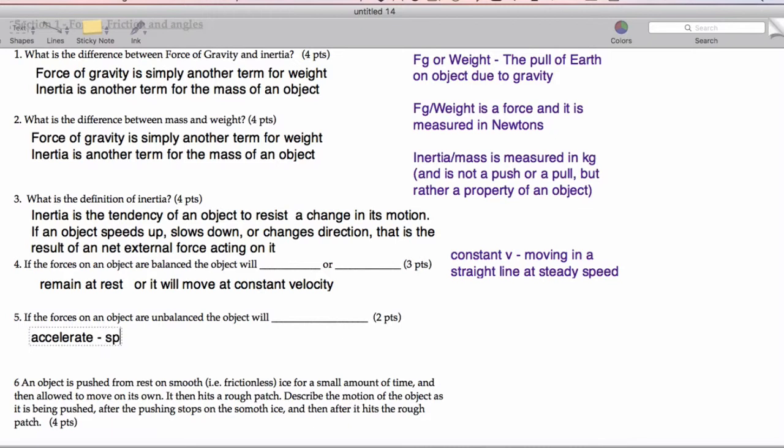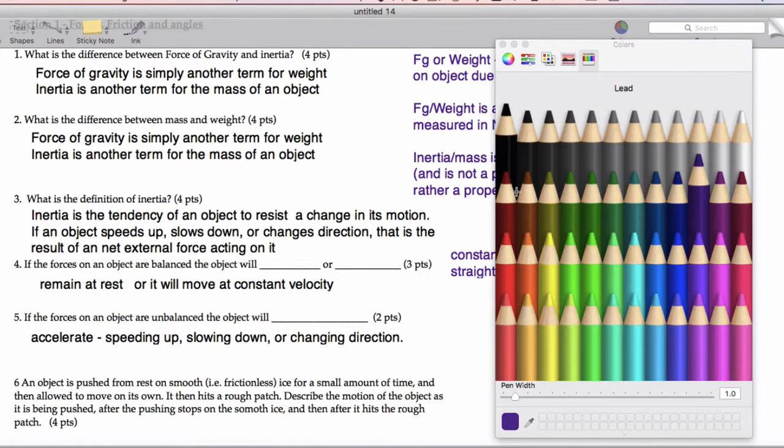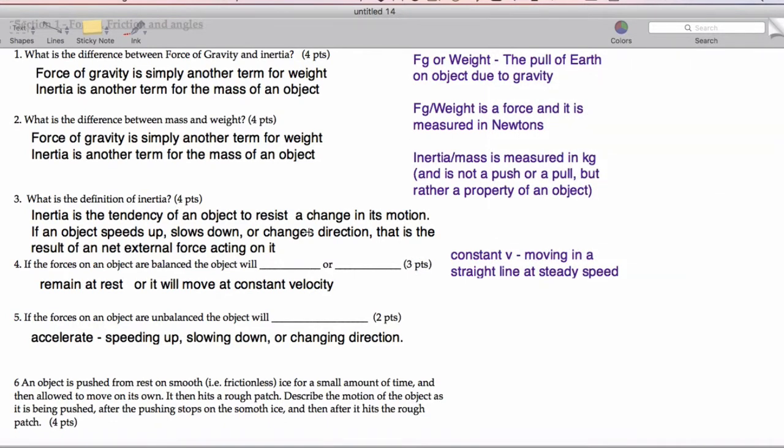That means it can be speeding up, slowing down, or changing direction, even if that direction change is happening at a steady speed. And I want to make one small distinction here. This is an important one. Moving at constant velocity is a kind of moving, and accelerating involves motion.